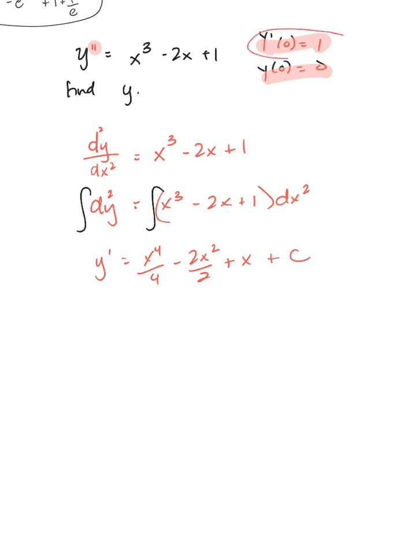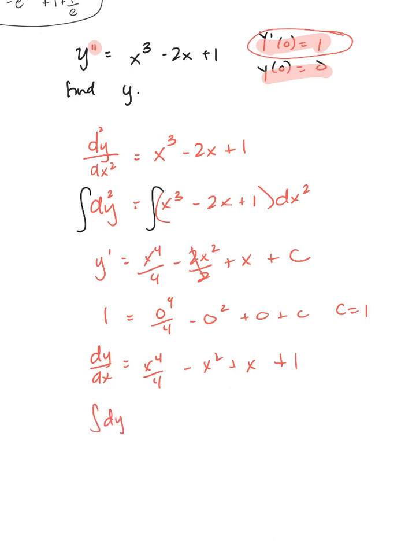So I have to use this initial condition: 1 equals 0 to the fourth over 4, those divide out, minus 0 squared plus 0 plus c. c is equal to 1. So now I know dy by dx is equal to x to the 4 over 4 minus x to the second plus x plus 1. So the integral of dy equals the integral of x to the 4 over 4 minus x to the second plus x plus 1 dx.